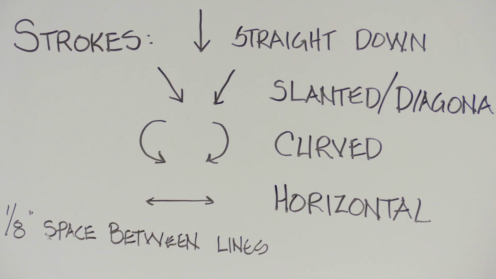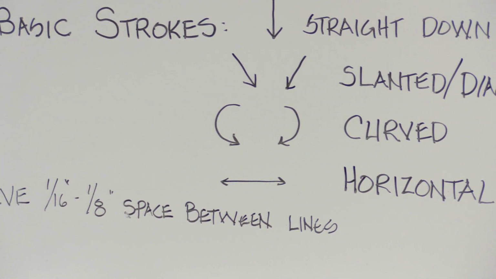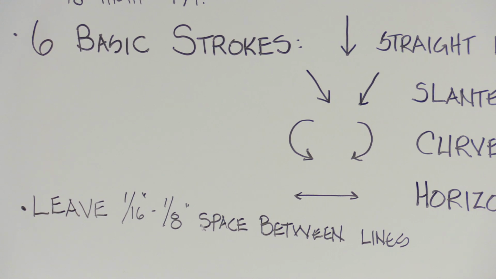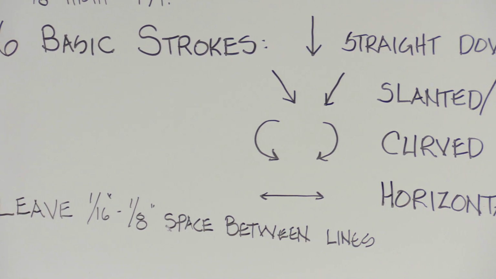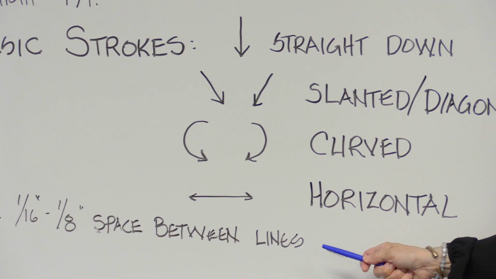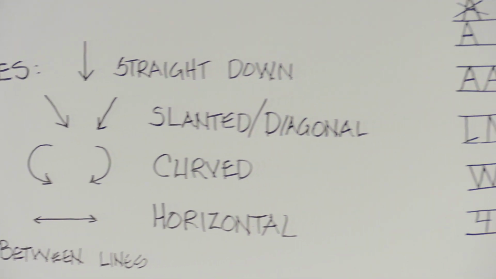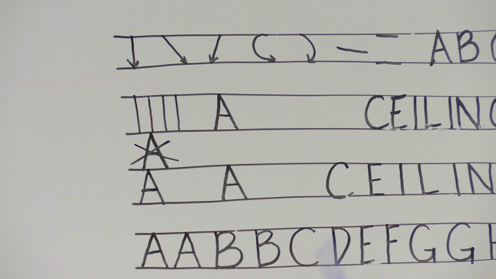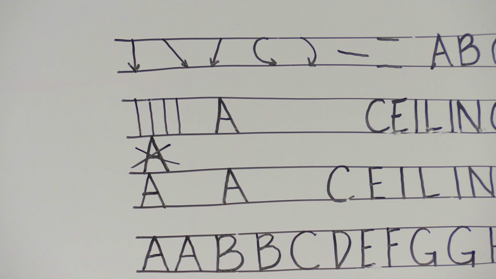Leaving a space, either a 1/16 of an inch or an 1/8 of an inch between your lines. On your graph paper, it'll be a 1/4 of an inch, and that's absolutely fine. You just always have to leave a space. Remember, if you write on every single line, it will be hard to read, and everything is about being clear.